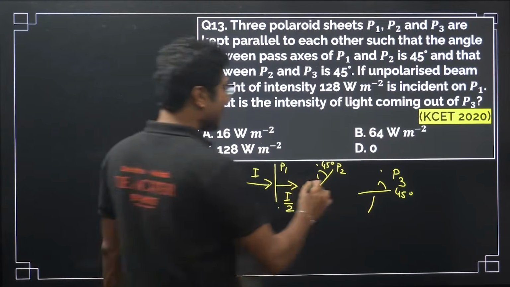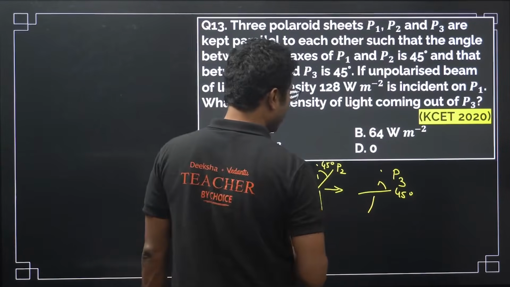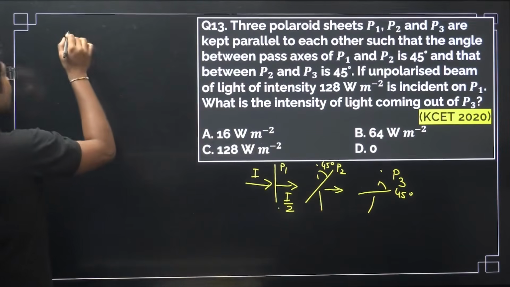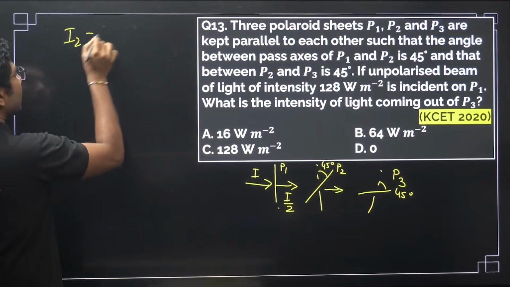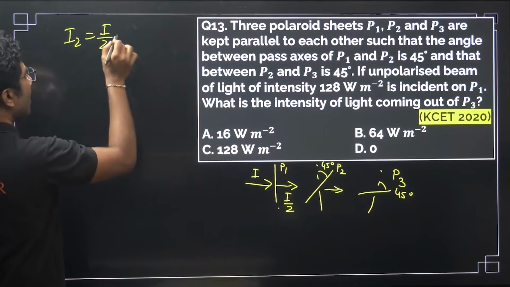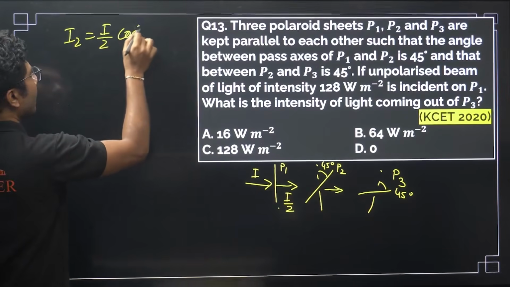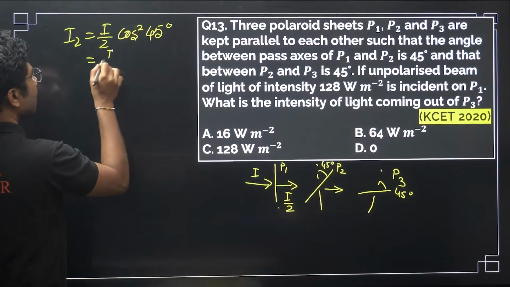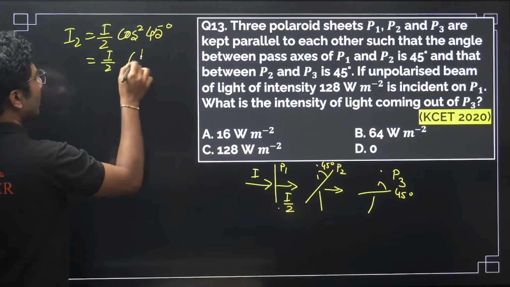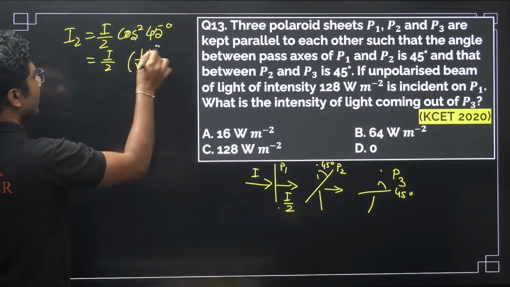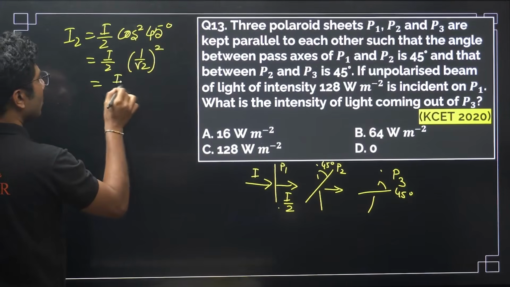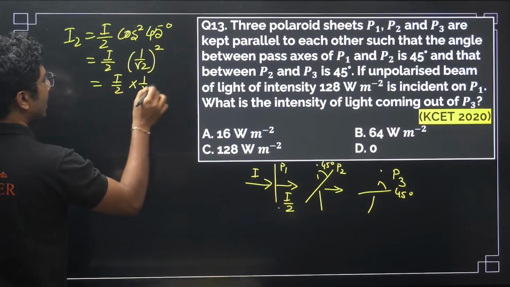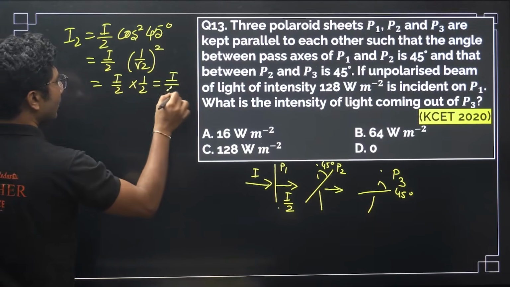What is the intensity after it passes through the second Polaroid? I2 equals I by 2 cos square 45 degrees. Cos 45 means 1 by root 2, whole square. So it will be I by 2 into half, that is I by 4, right?